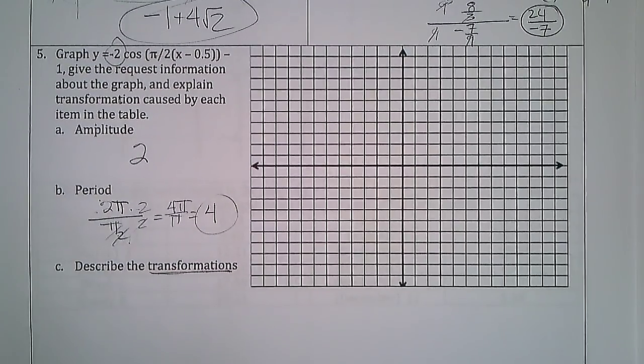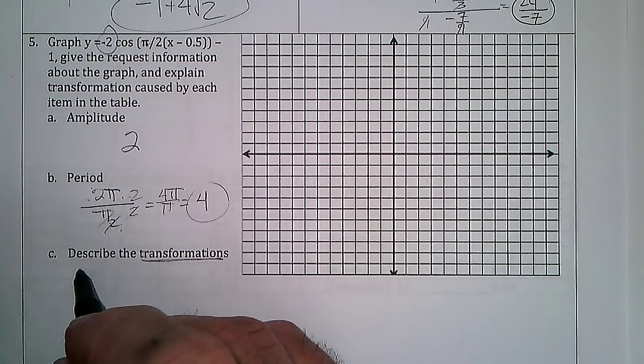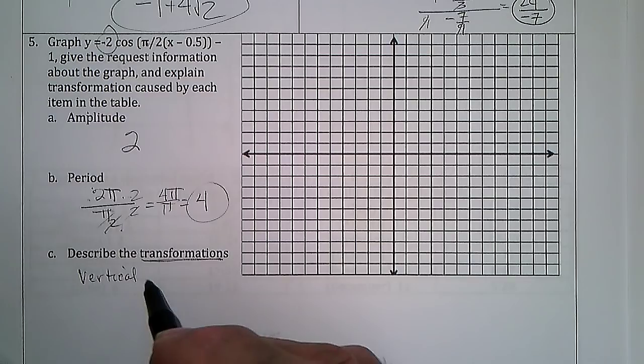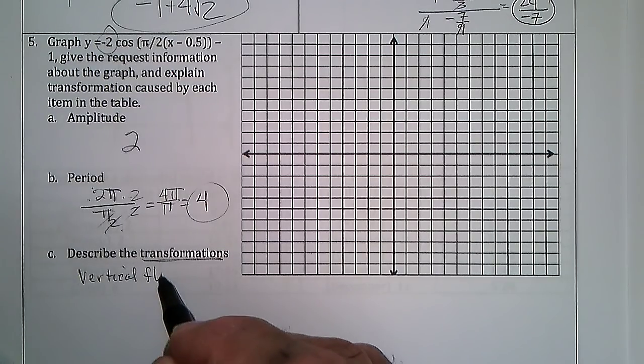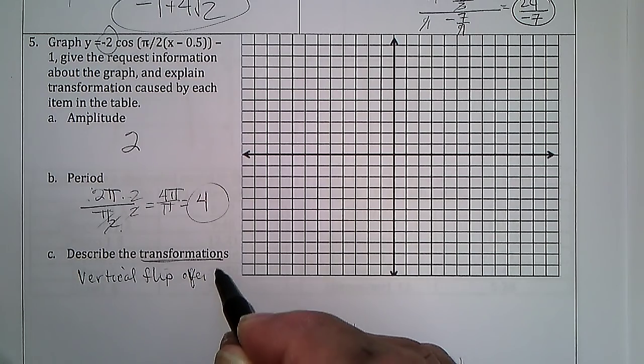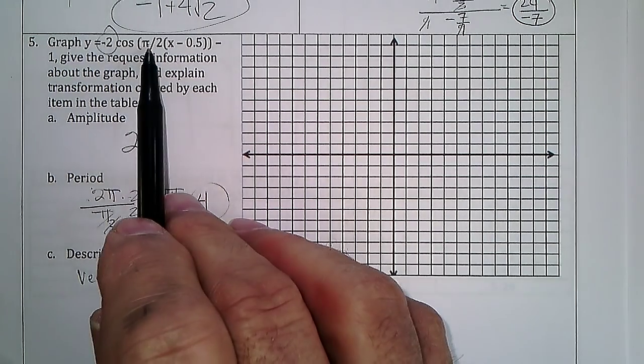So the negative on front does a vertical flip over the x-axis. Let's see.